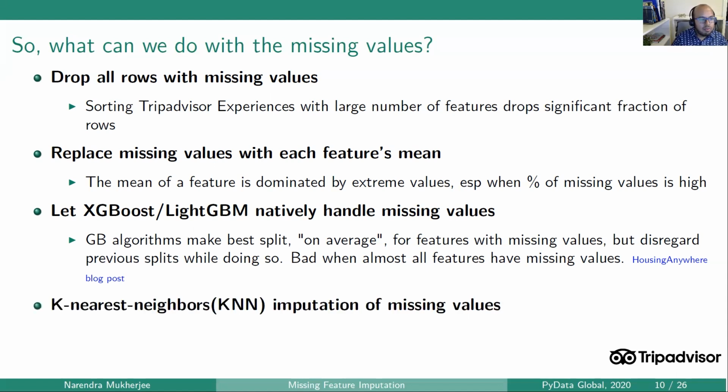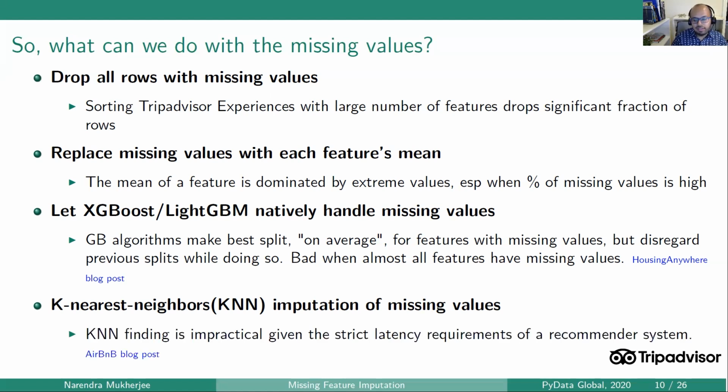And finally, one of the things that is often done to deal with all of these issues is to use k nearest neighbors imputation of missing values. So you use some predefined k values to impute the missing values in our data set. And while this is a good idea, it deals with many of the problems that I've talked about in the previous 3 points, but it is not something that is scalable.